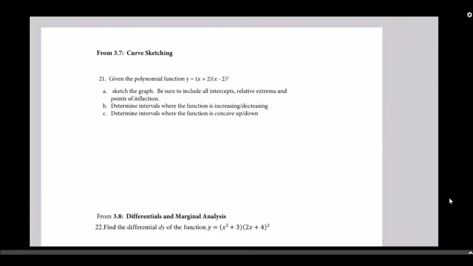Okay, question 21 from section 3.7, graphing using derivatives and calculus techniques. Part A, sketch the graph. Be sure to include all the intercepts, relative extrema, and points of inflection. So intercepts: x-intercepts or zeros come from these factors here.